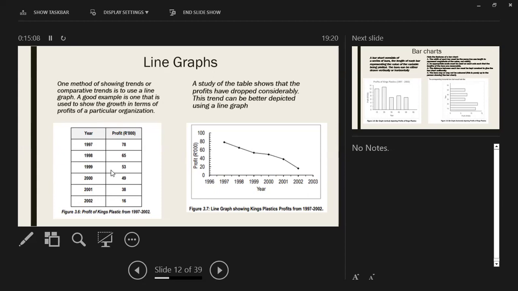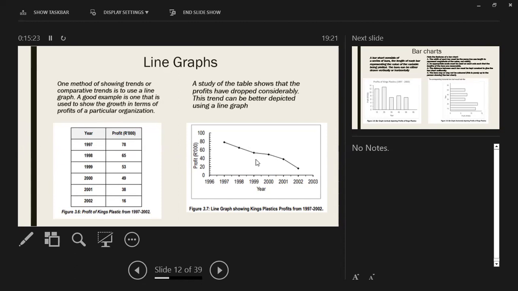The easier way for you to see is to present the same data in this table as a graph. This graph on the right side is the same information that is being depicted in this table.